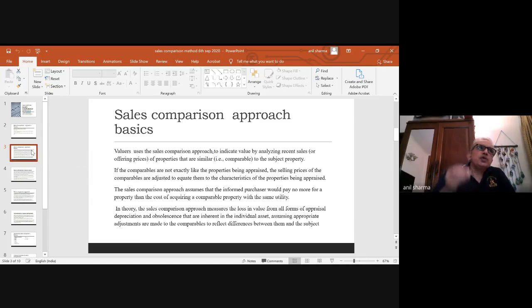So you have an asset A which is available from, let's say, a manufacturer, and you also know the sales value, the price at which it was sold in the market, let's say 6 months back or 1 year back. This is almost an identical asset, but there will be some fundamental differences which you'll have to see.